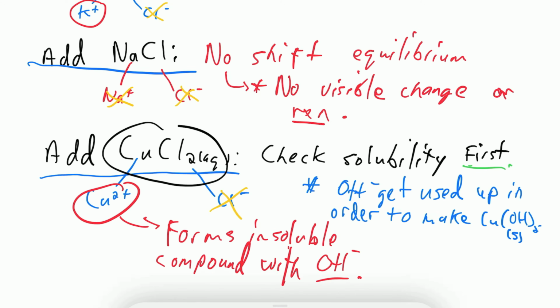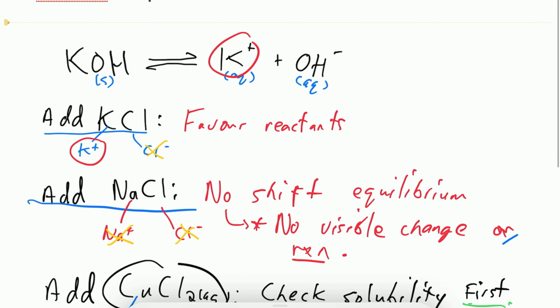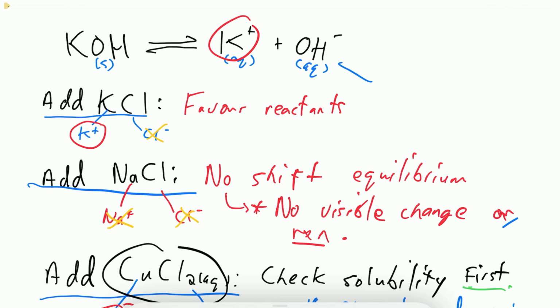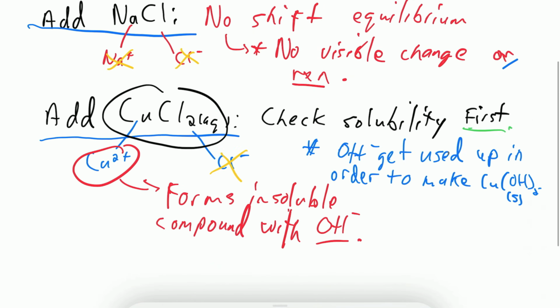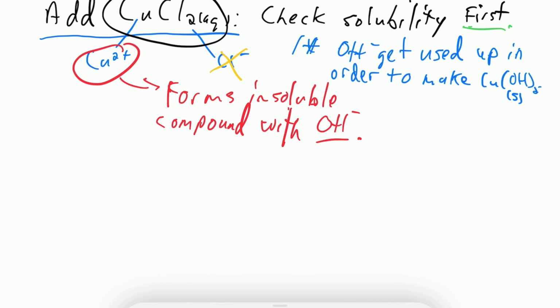And if we think back to Le Chatelier's principle, well, if this gets used up, that really just means that it decreases or gets removed. And so if it decreases, then the system will increase it back up. And so OH minus gets used in order to make copper hydroxide solid.